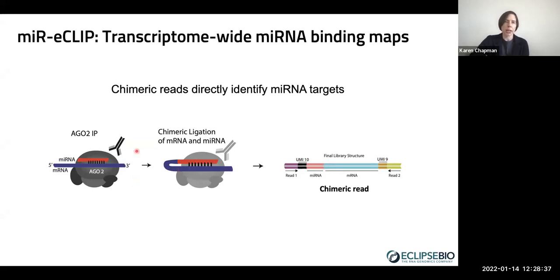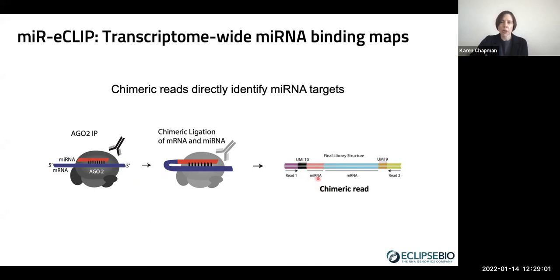And I should mention, I'm kind of skipping over a few steps here, but the RNA is fragmented. So now you've got these little pieces of RNA where the microRNA is bound, and these two RNAs are ligated together. Now, ultimately, that goes through a library prep, and what it generates is what we call a chimeric read.